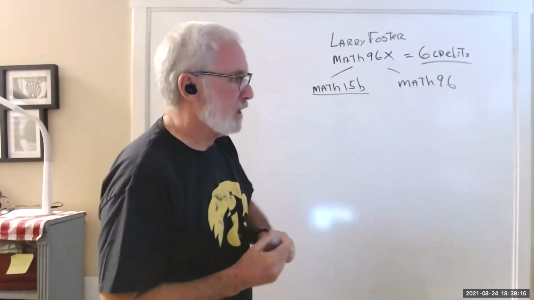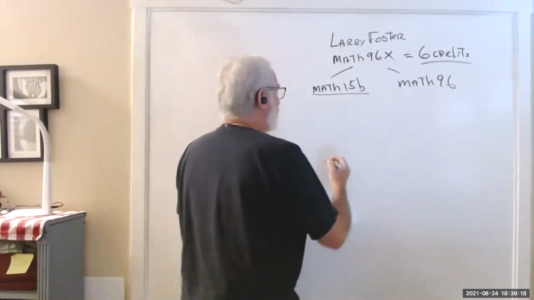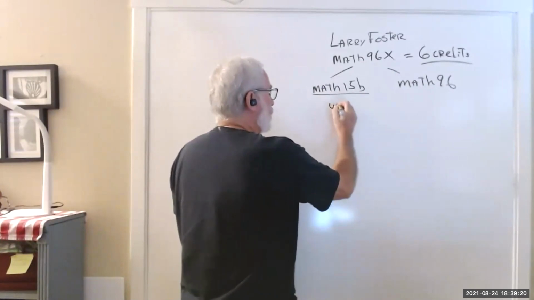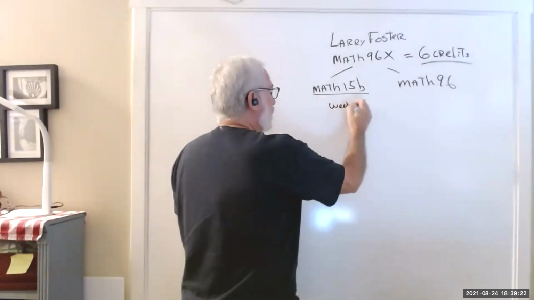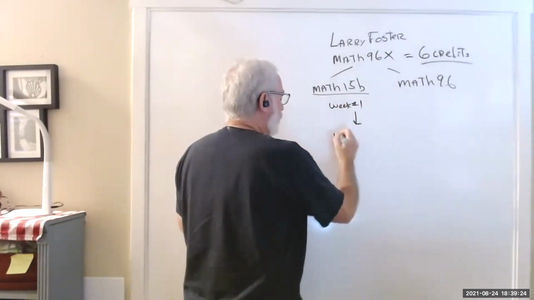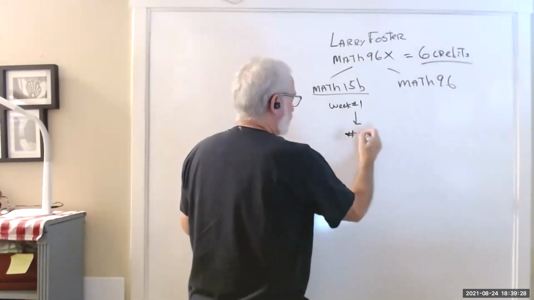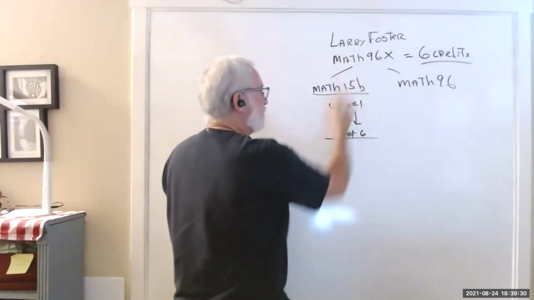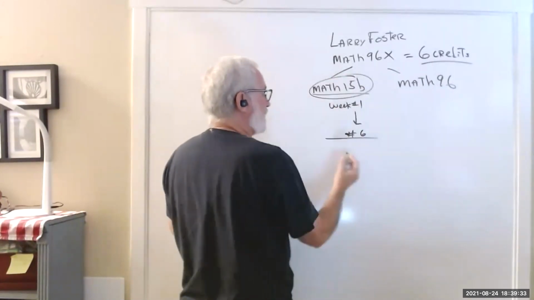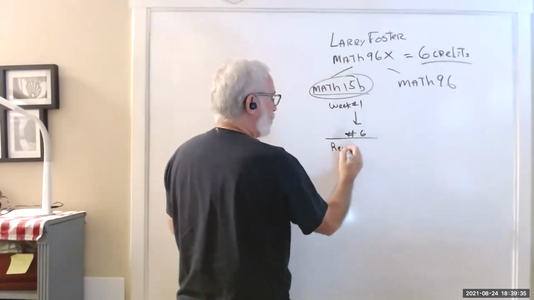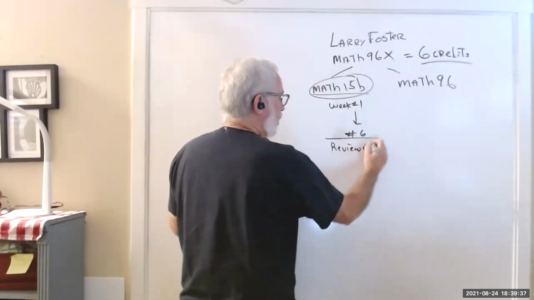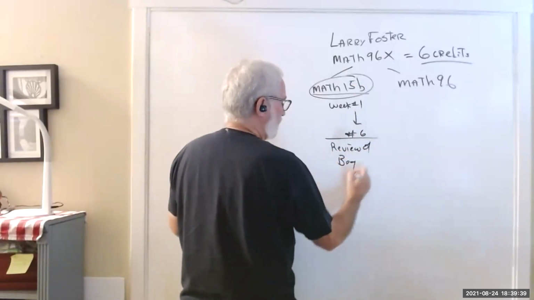The way I'm doing it is approximately week number 1 through week number 6 or 7 is going to be this Math 15B. It's going to be a review of beginning algebra.